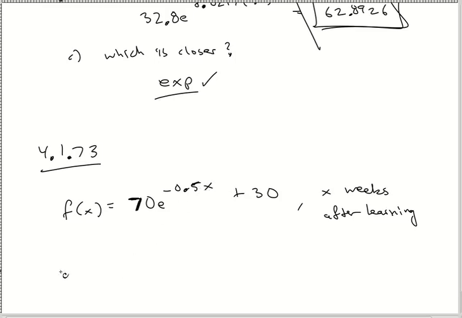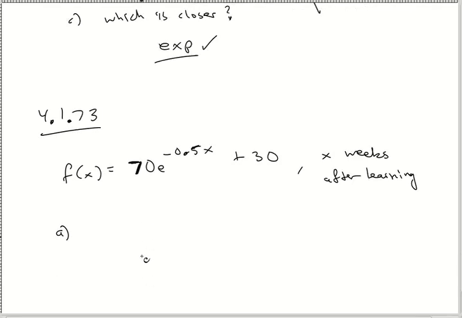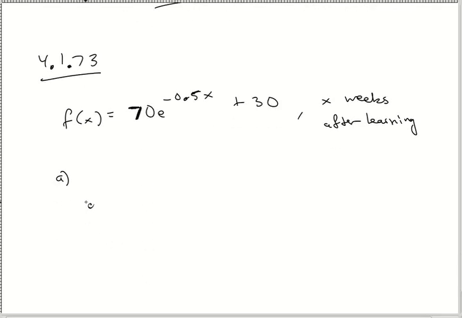Okay. It's kind of interesting because we're doing math, you're learning math, and I wonder if this formula applies to you or even to me. So let's try some stuff out. So part A says how much percentage of people retain that learning the moment it was learned.